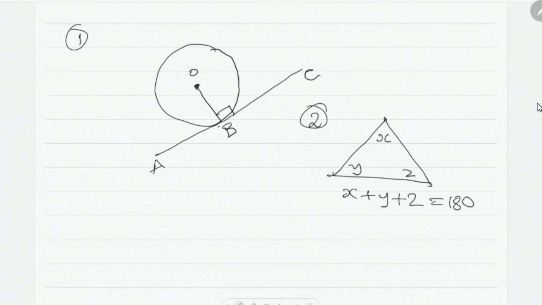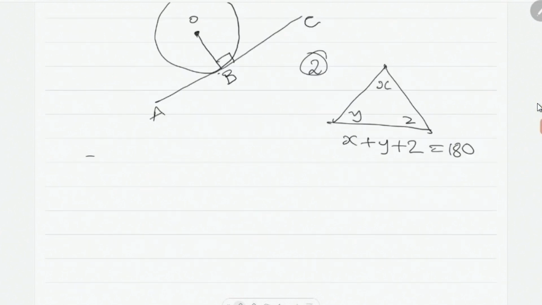Then when I draw a straight line, there is a center, let's call it A or B. This is a diameter. Then you should know that a straight line angle is equal to 180 degrees. Very important property. This is property number 3.